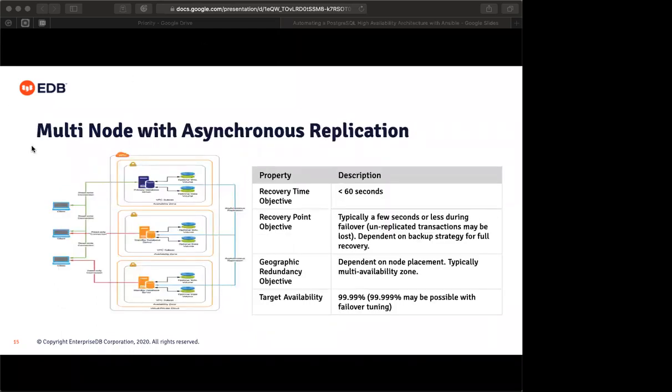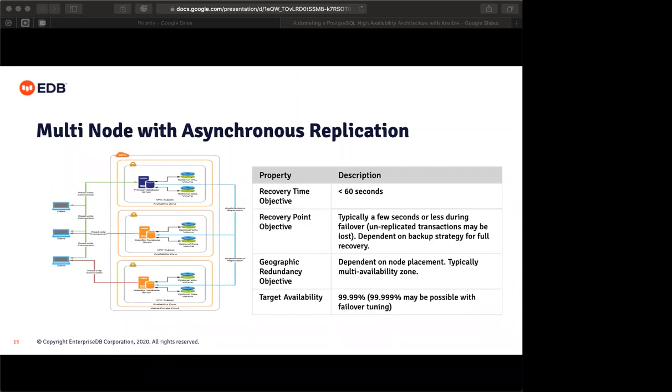The other core architecture is multi-node with asynchronous replication. Here you can have one primary and multiple replicas. The primary can serve both read and write connections, and replicas can be used for your read workloads. Or if you are planning to do some data mining or analysis on the data, you can use your replicas.